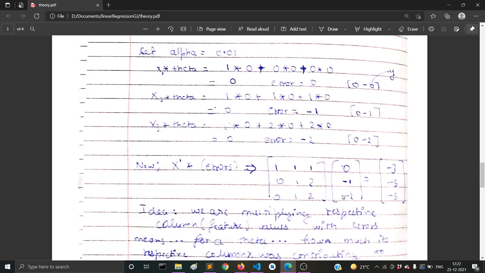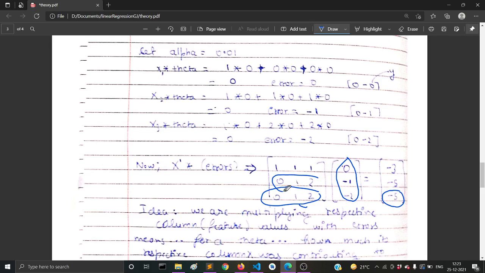Remember, to a particular theta. Let me try highlighting. When we multiply this particular row, which represents the third column, with the respective error terms, we get minus 5. And this minus 5 belongs only to the third column.